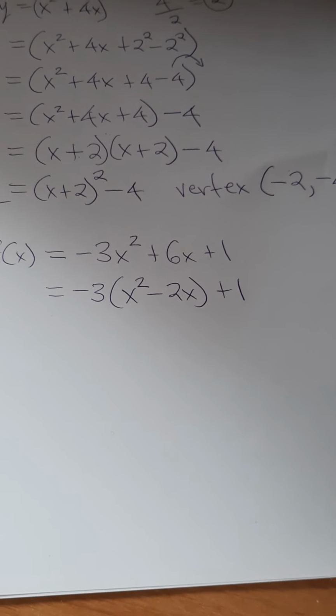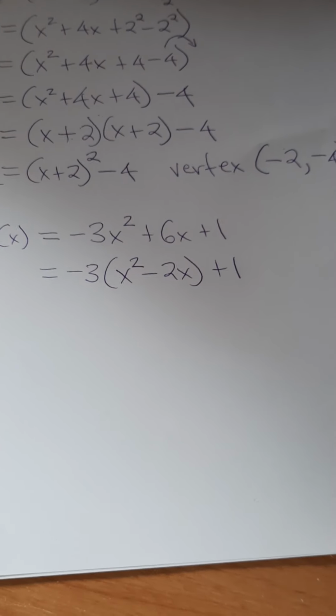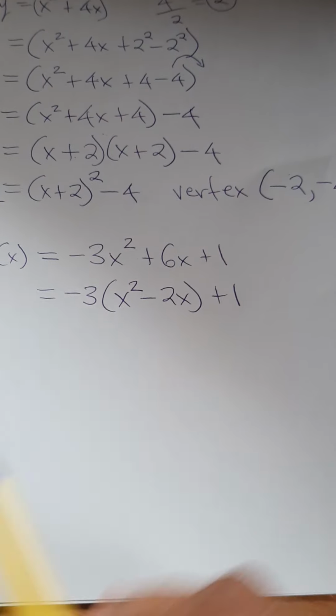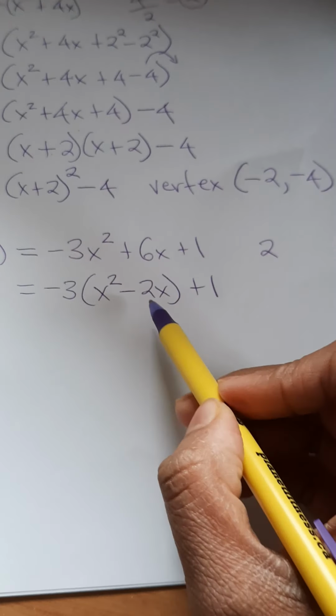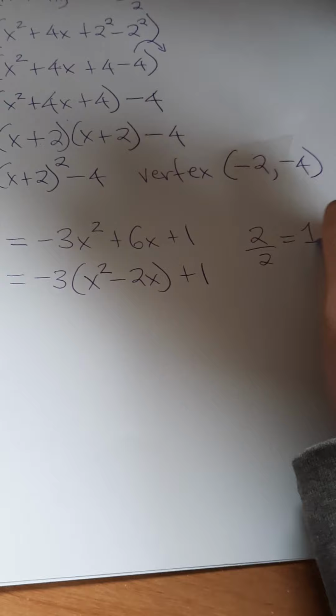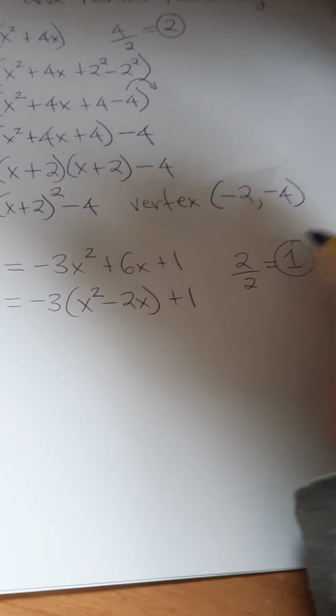A mistake that some students make is they'll start taking the perfect square of the 6. And that's not what we're doing here. I have to make sure the coefficient in front of the x squared is 1. So when you take your perfect square now, I'm going to take the 2 divided by 2, which is equal to 1. And let's circle it.